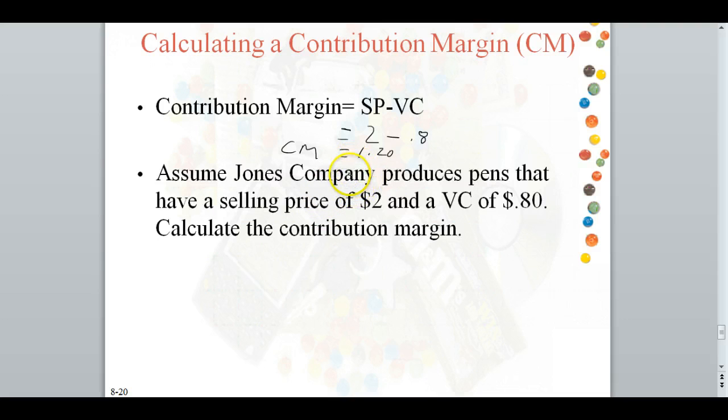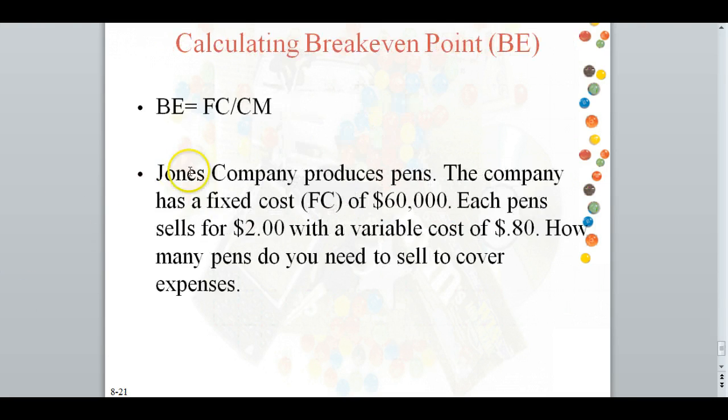So each pen that we produce costs us 80 cents, but we can sell it for $2. That leaves us with $1.20. So each pen provides us with $1.20 that we can use to pay for the expenses of operating the company.